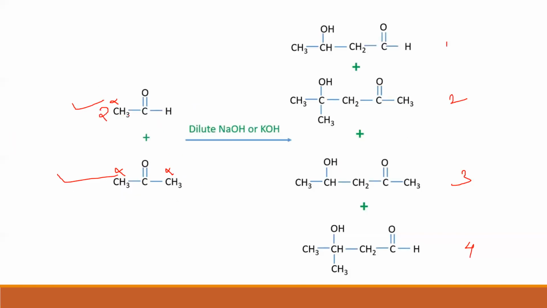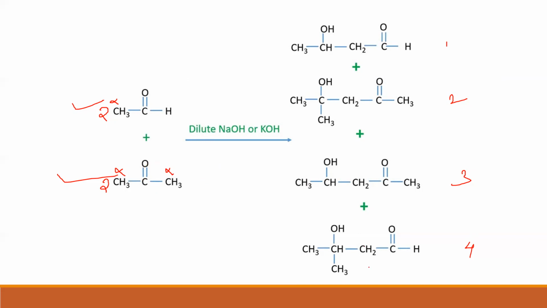Likewise, I can have 2 moles of ketone reacting, correct. So 2 moles of ketone can react to give me 1 more product. Clear? So that makes 2 products out of the 4.